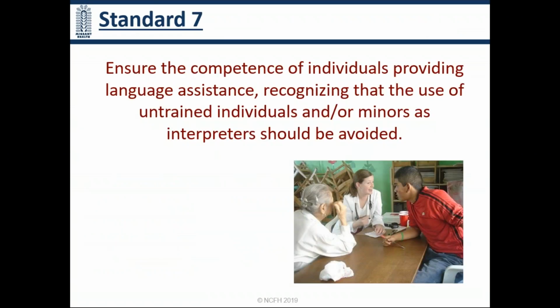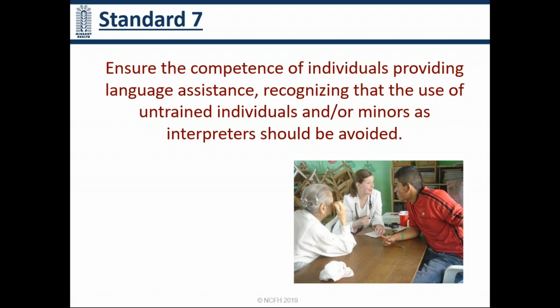So standard 7, and someone mentioned this earlier in the chat. This one's about ensuring the competence of those individuals providing language assistance and recognizing that the use of untrained individuals and/or minors as interpreters should be avoided, right?